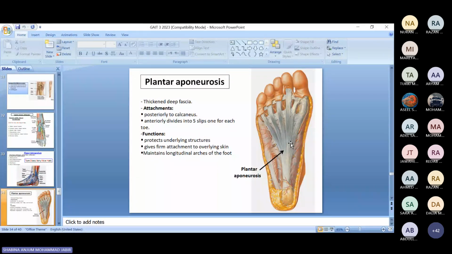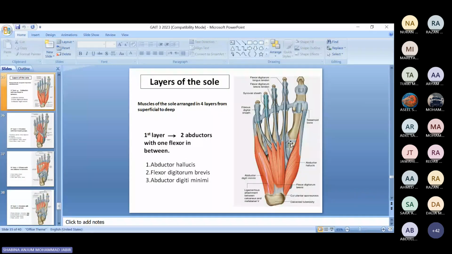The muscles here in the sole are arranged in 4 layers. We cannot see all the layers, but we can memorize their names and nerve supply. Easy, no need to go into much detail. In the first layer we have 2 abductors and 1 flexor in between.